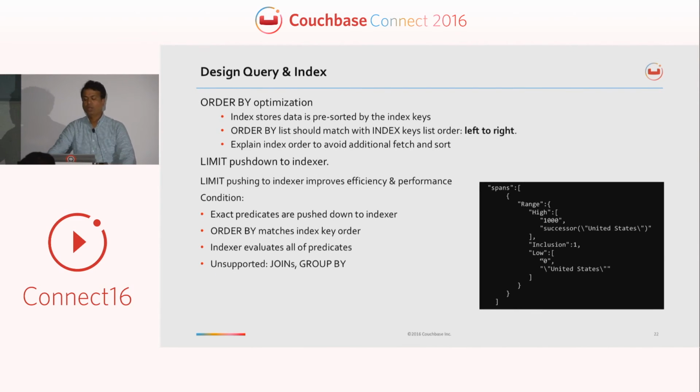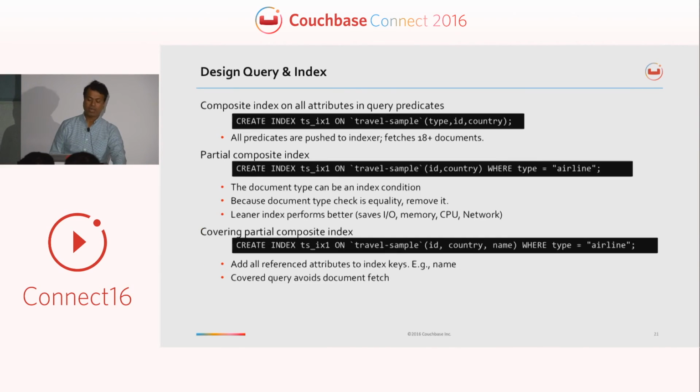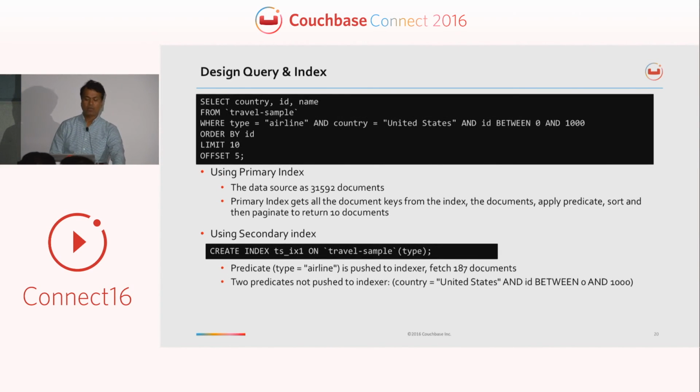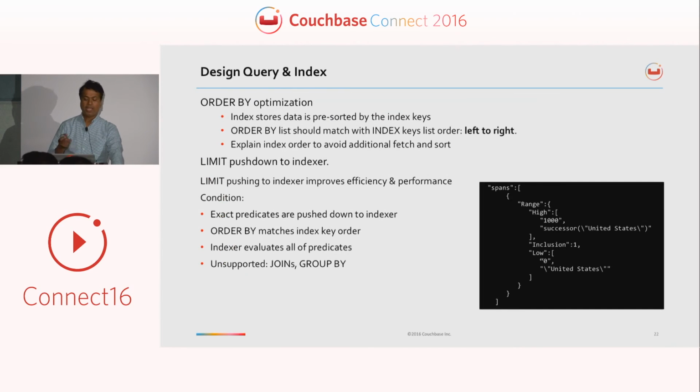And now with this, we get both the predicates pushed to the index, but our order by is on ID, right? If the leading keys of the index match the order by clause, that means the leading keys of the index follow the same path as the order by, we can avoid the sort, since the data is already in a pre-sorted order in the index.